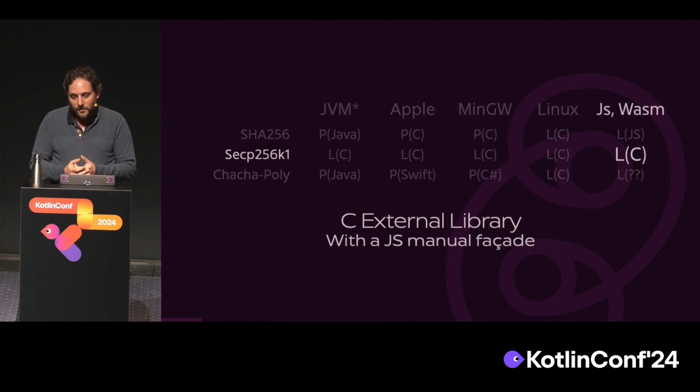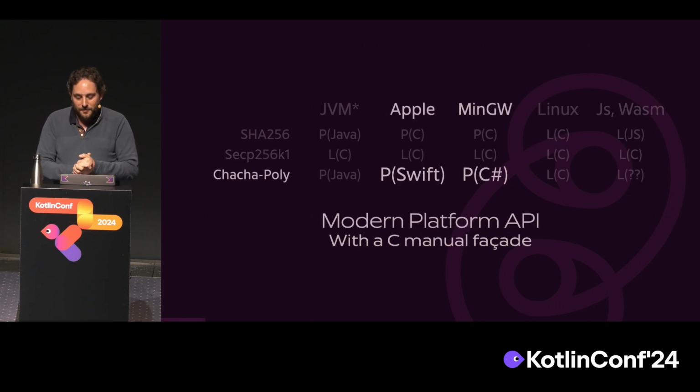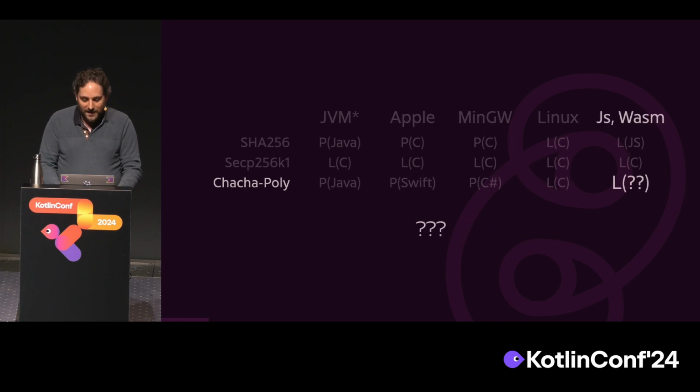For the web, we will compile it to WASM, so it's yet another API. And ChaChaPoly, which is a very modern API, is only provided by Apple in Swift and by Windows in C#. So how do we import that into our Kotlin code? And finally, how do you import ChaChaPoly in the web?